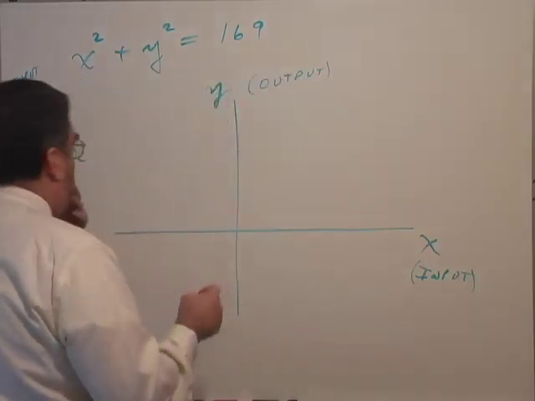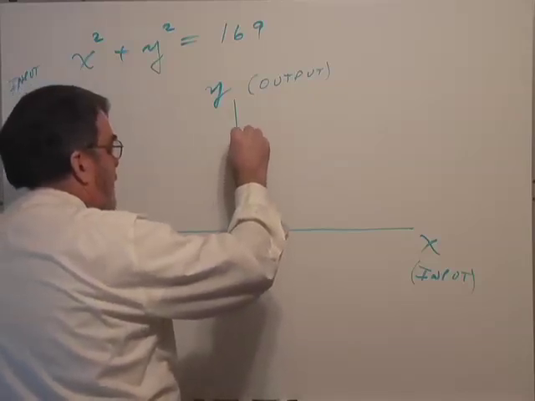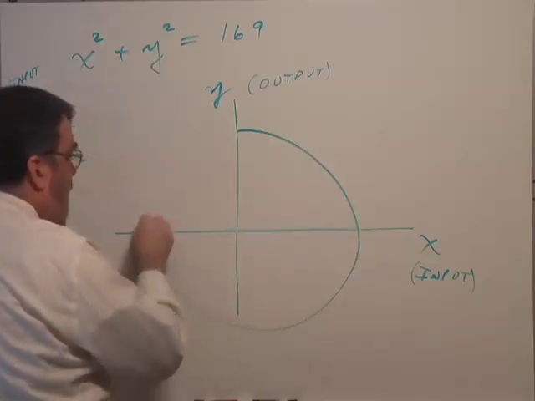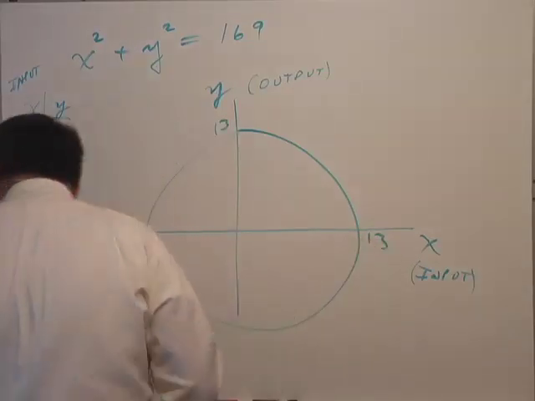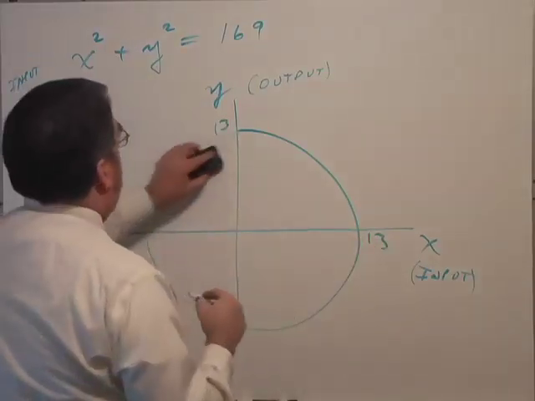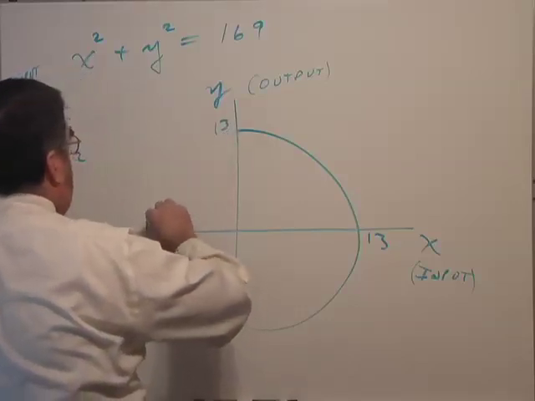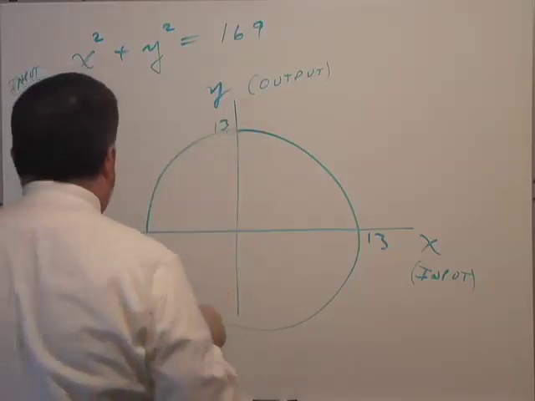So let's see what that means in terms of a graph. Here's my circle with radius 13, center at the origin. I'll try to make it look a little more like a circle. That's a little better, I guess.